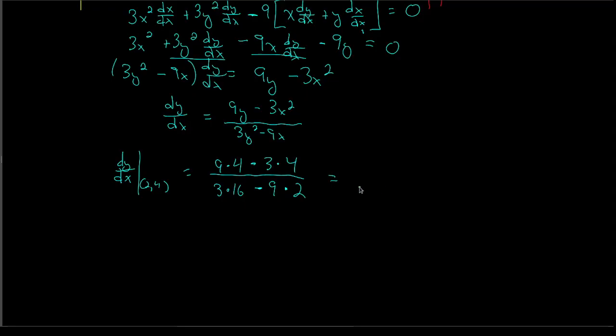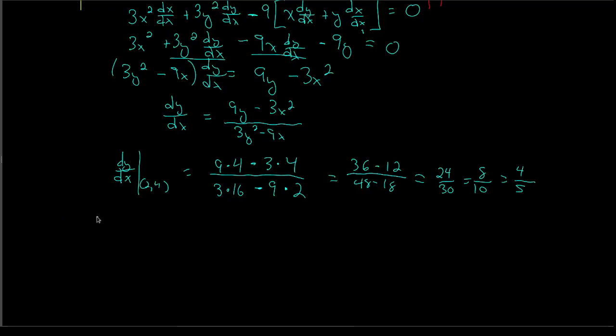Or 36 minus 12 over 48 minus 18. 24/30ths, or 8/10. 8/10, I can divide by 6, yeah. Sorry, I was doing a quick division. If I divide by 6, I get 4/5.